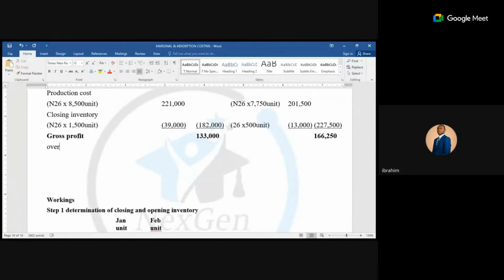The over absorption will be added. What is the over absorption? 1,500. This is 0.